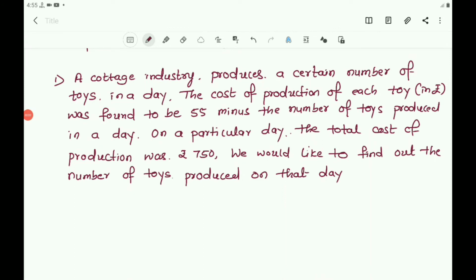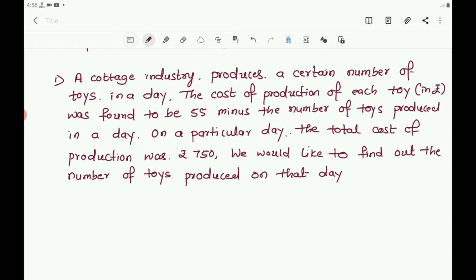Now let us take one example. Represent the following situation mathematically. Here there is one situation. Read that situation and represent it mathematically. A cottage industry produces a certain number of toys in a day.